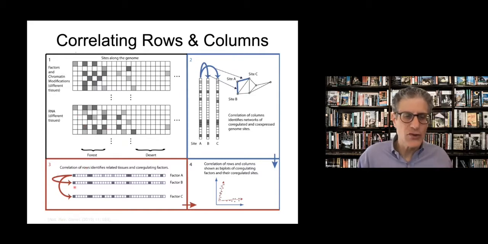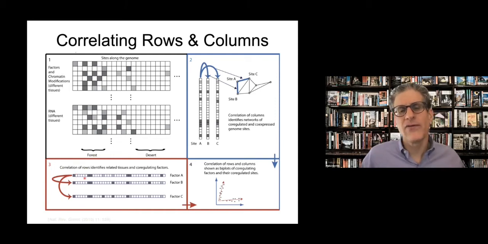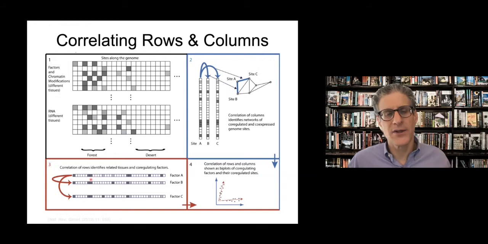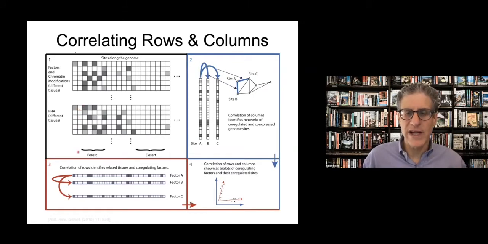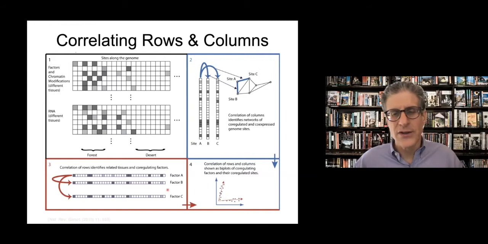So we imagine we take each row and correlate it with each other. And from that, we're going to get some sort of affinity matrix of all the different rows. So, if we have 10 rows, there's a whole 10 by 10 possible correlation matrix that we can get for this. And then, as we'll talk about, there's an infinite number of things we can do with this correlation matrix. We can PCA it, we can biplot it, we can go on and do things with it. But we'll talk about that in a second.